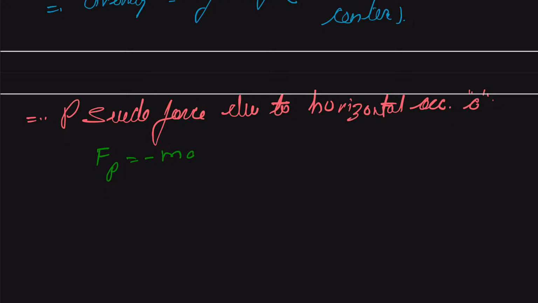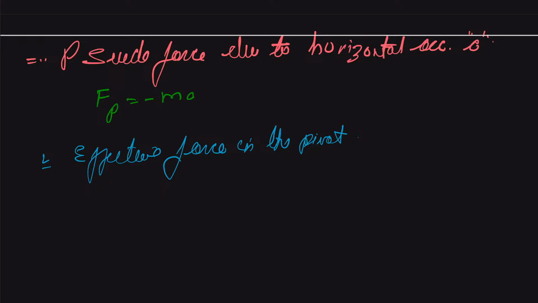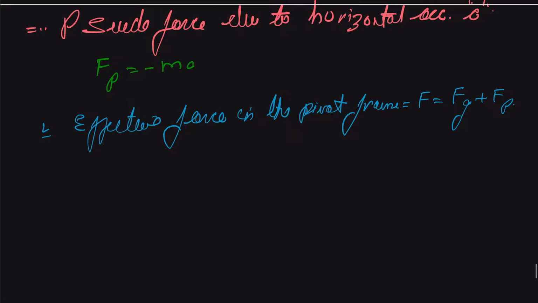Therefore we can say that the effective force in the pivot frame, let us call this F, and F will be equal to Fg plus Fp, and we can find out their magnitude.